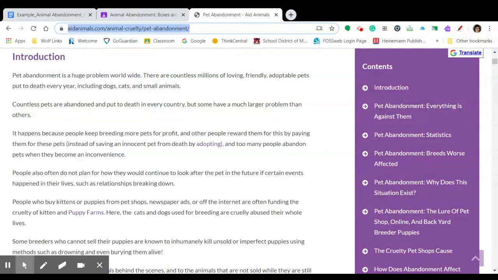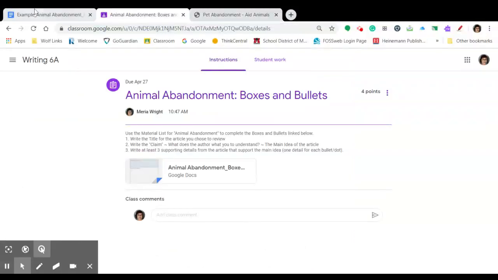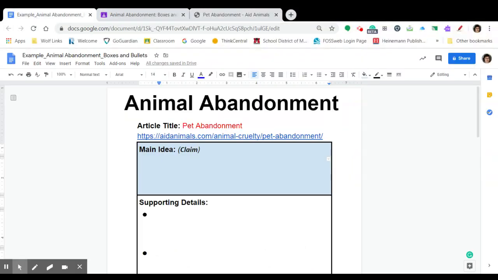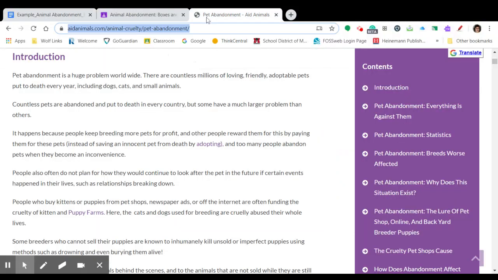So the first question is, what are they trying to get us to understand? What is the main idea? So here we're seeing they're talking about pet abandonment being a worldwide problem.